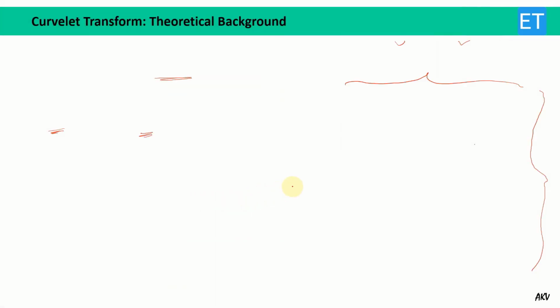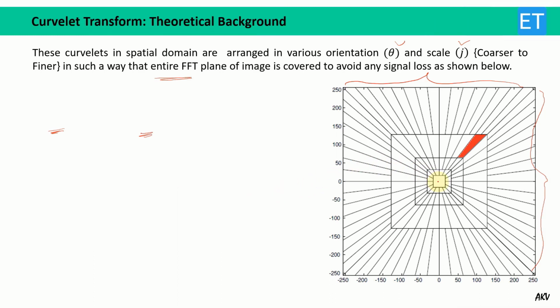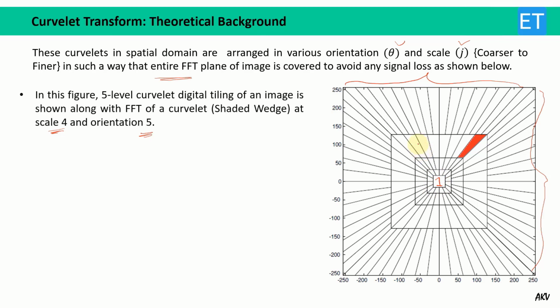The same is here. So this is at scale 1, and all these wedges are at scale 2, and this is scale 3, this is scale 4, and this is scale 5.